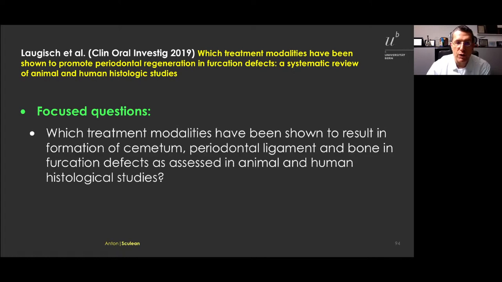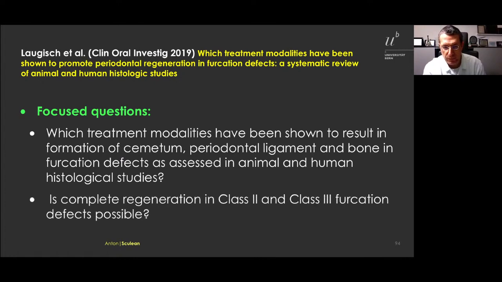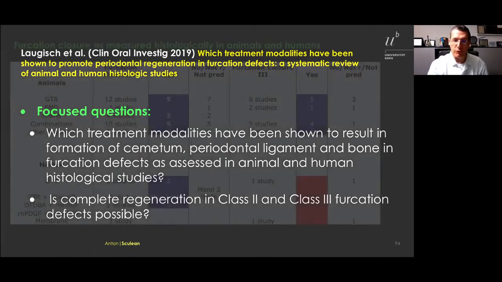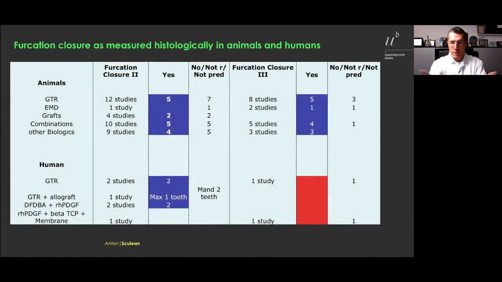So the focus question was, which treatment modalities have been shown to result in formation of cementum, periodontal ligament, and bone in furcation defects as demonstrated in animal and human histological studies. And the second important question was whether complete regeneration in a class 2 and in a class 3 furcation defect may be possible.